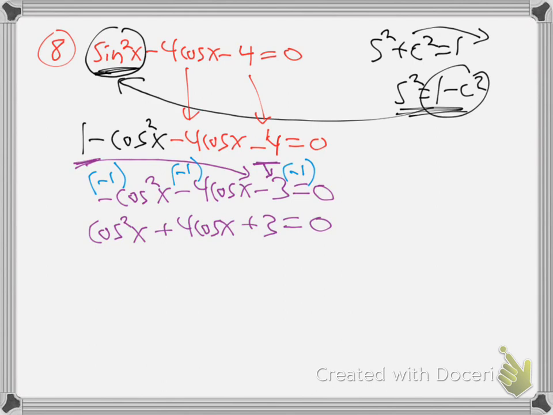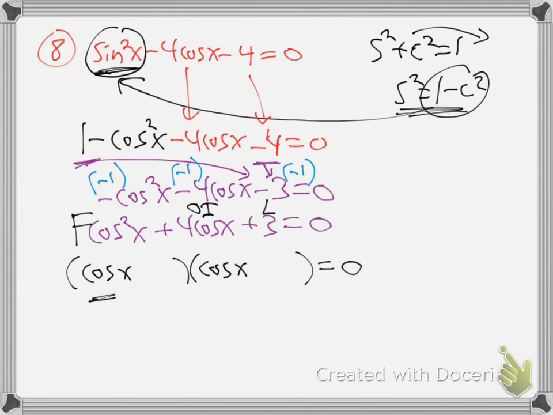And then factor. So I'm just going to go quick. So cosine, I'm thinking FOIL: front times front makes front.